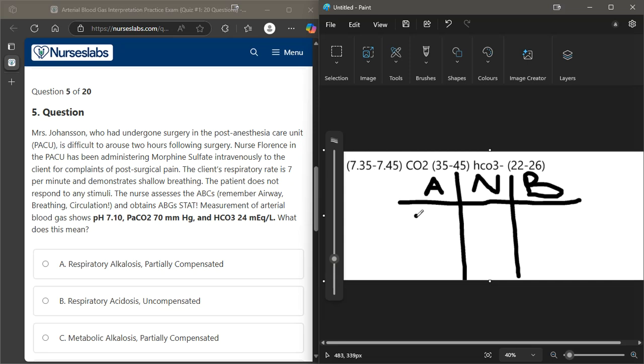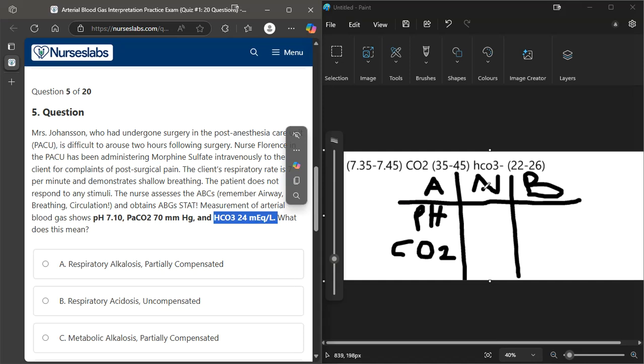Then we have our carbon dioxide as 70. Remember that we said for carbon dioxide, anything above 45 will be acidic because of carbonic acid. So carbon dioxide will be under the acidic tab. Then our bicarb is 24 and the normal range is 22 to 26. So bicarb falls under the normal tab.